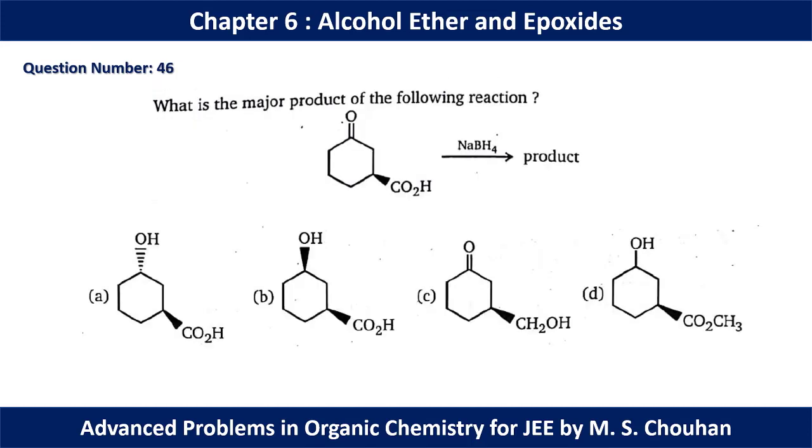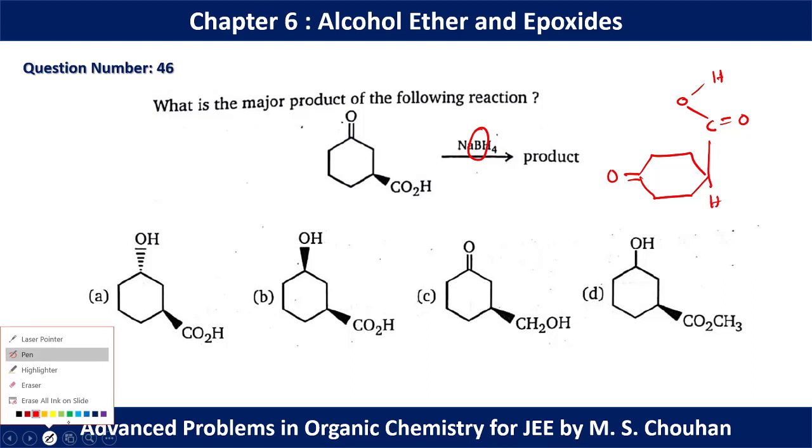In question number 46, this is a very good question because we need stereochemistry here. If we look, this carboxylic acid group is present above the plane, and here we have boron.